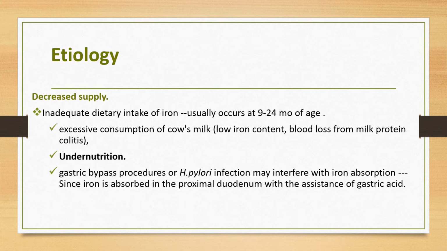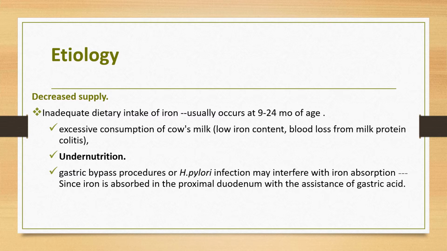When we come to the etiology of iron deficiency anemia, we can classify it into two: decreased supply of iron and increased destruction or increased loss of iron. When we see decreased supply, the first and most common cause is inadequate dietary intake of iron.